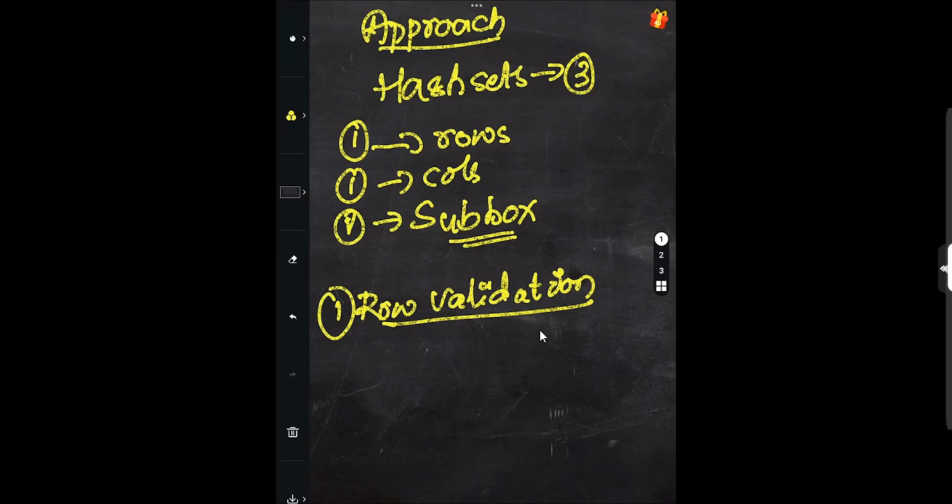Because the numbers should not repeat. We should have the numbers from 1 to 9 and the numbers should not repeat. So that is the reason we'll be maintaining a hash set for each row. If a digit repeats in a row, then we know that the board is invalid.